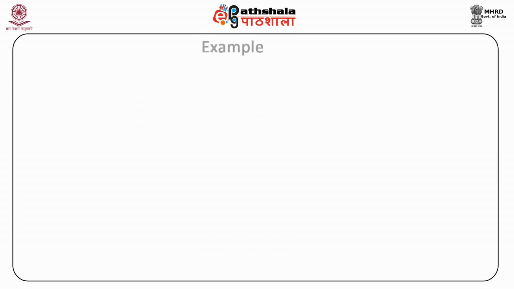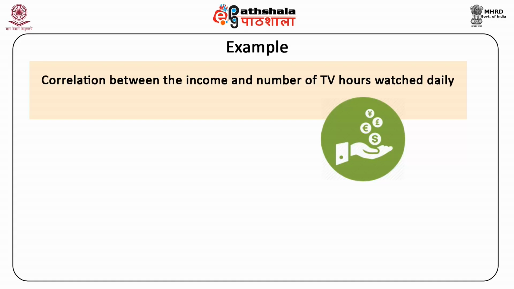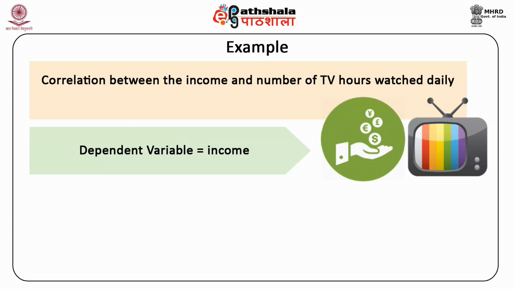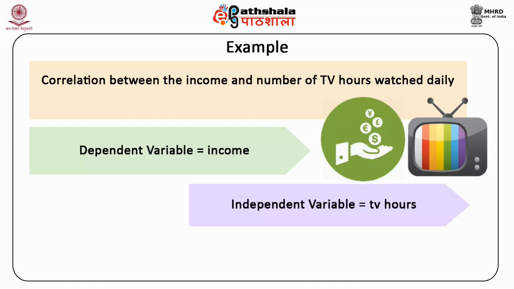We can illustrate partial correlation with the help of an example. Illustration 1. We have to find the correlation between the income and the number of TV hours watched daily and eliminate the impact of the number of years of education. Dependent variable is income measured in dollars. Independent variable is TV hours measured in daily hours watched.